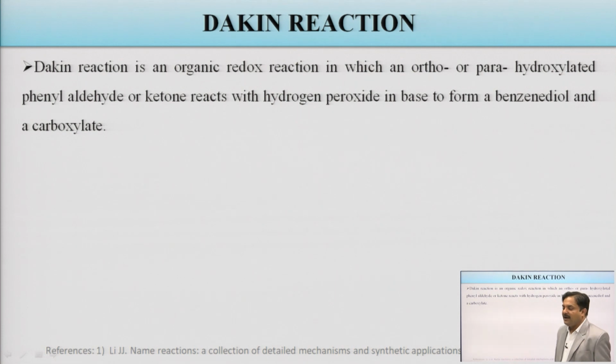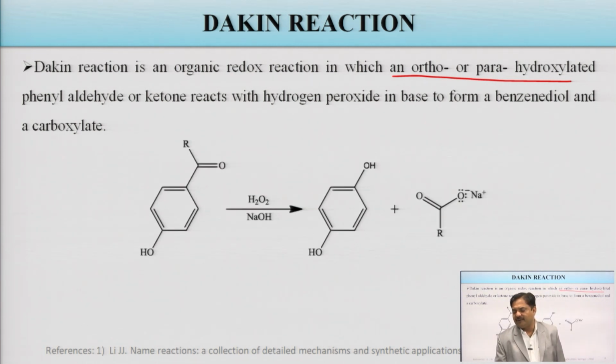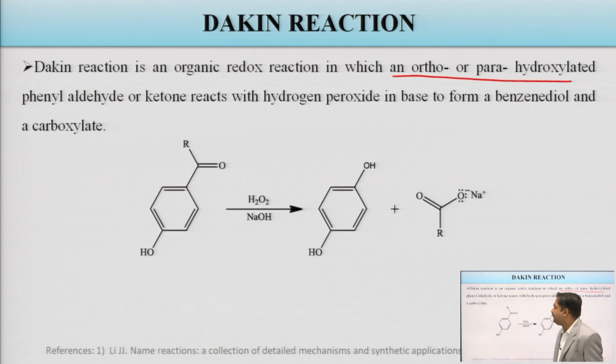Now, Dakin reaction is an organic redox reaction, in which ortho or para hydroxylated phenol aldehyde or ketone reacts with hydrogen peroxide in base to form a benzene diol or carboxylate. So, what is the reaction? You can see we have benzaldehyde, and at the 4 position, or para position, one hydroxyl group is present, because it will facilitate the reaction.